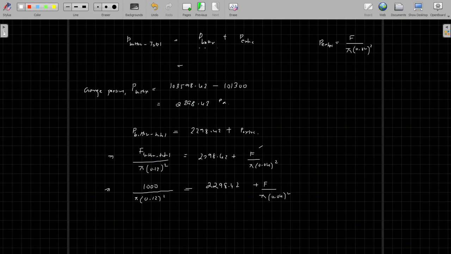So 1000 divided by pi into 0.12 into 0.12, I get here 22104.85 equal to 2298.42 plus F by pi 0.04 whole square.